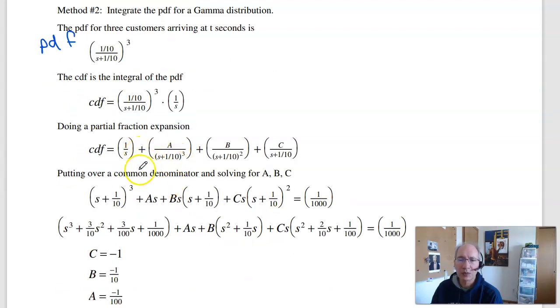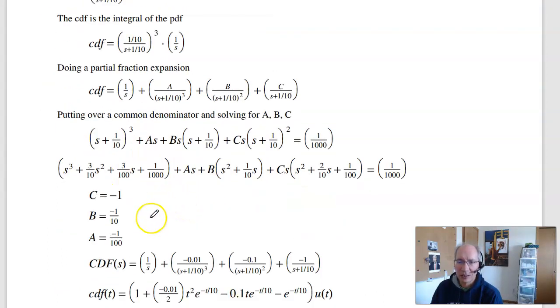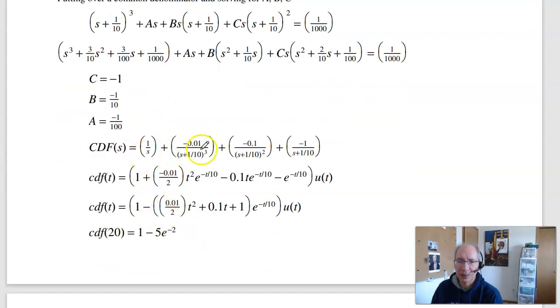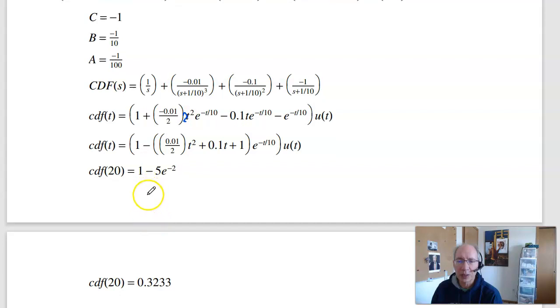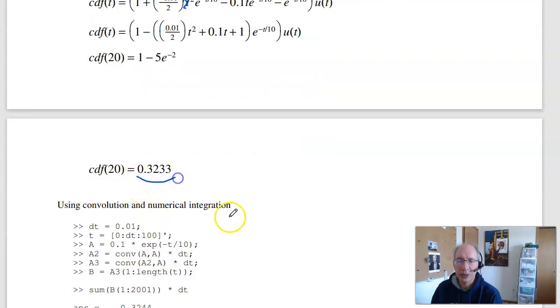Using partial fraction expansion, eventually I wind up with this for my partial fraction expansion, giving you these terms. Take the inverse Laplace transform. I'm seeing a 2 right here. And I get the CDF is right here. Plug in 20 seconds, I get 32.33%.